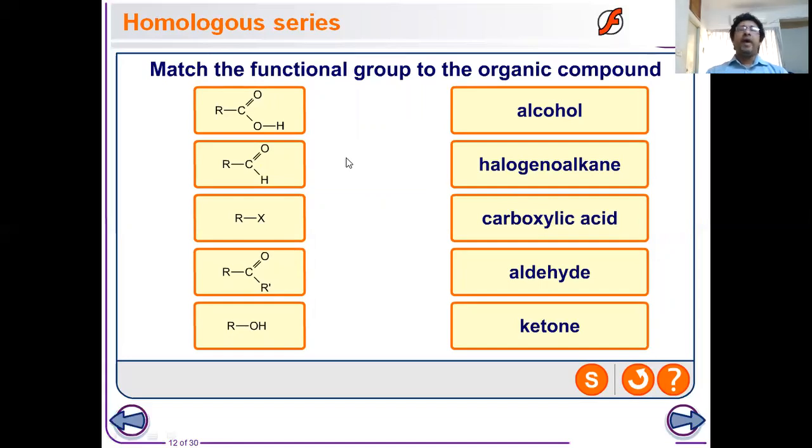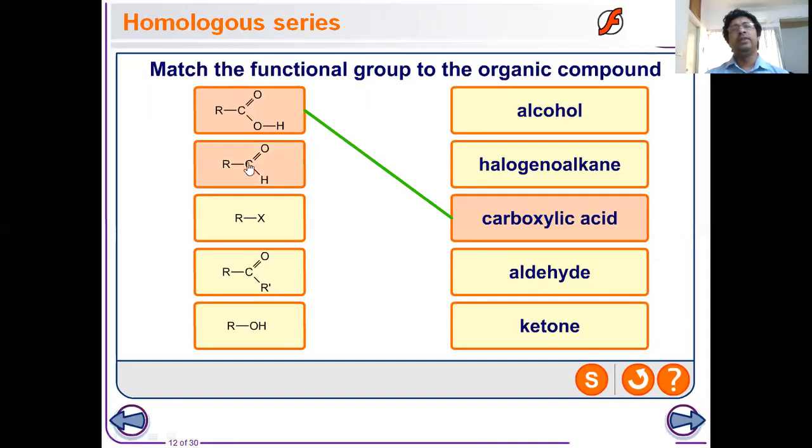So you have to match this left side with the right side. First one is RCOOH. This structure is applicable for carboxylic acid as it contains COOH. Carboxylic acids are the organic acids which must contain this functional group COOH.